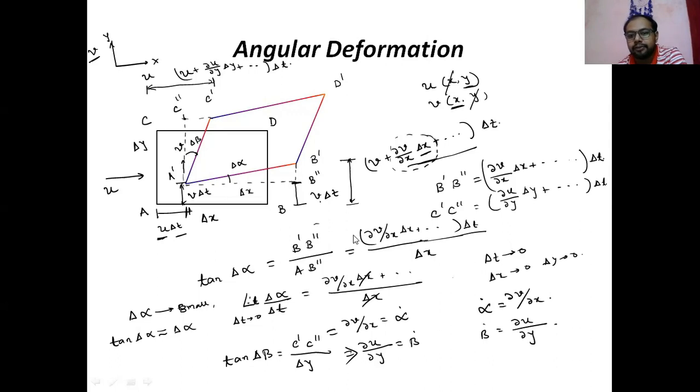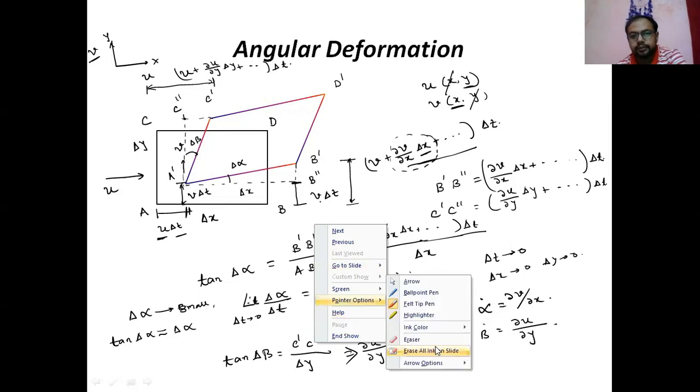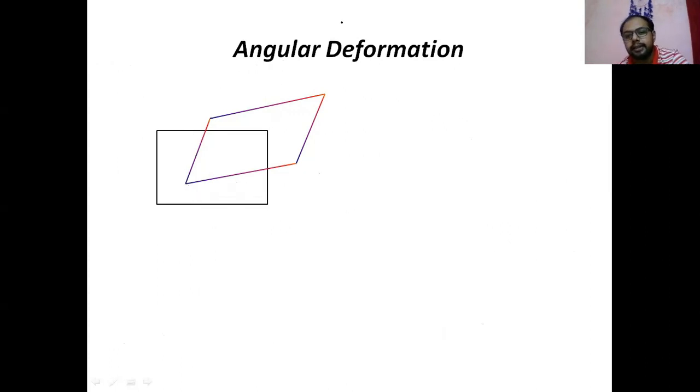So the total angular deformation, we'll see it here. We're rewriting this. The angular deformation in two dimensions is only considering alpha dot plus beta dot.